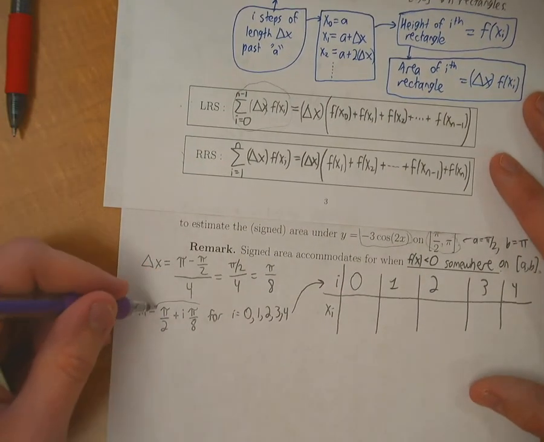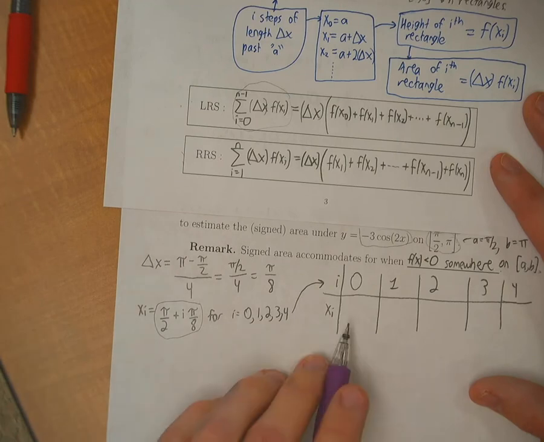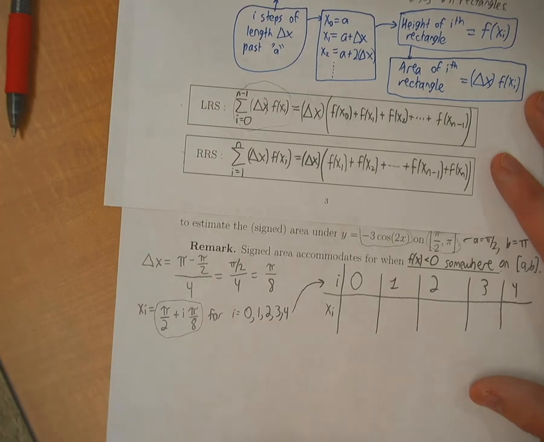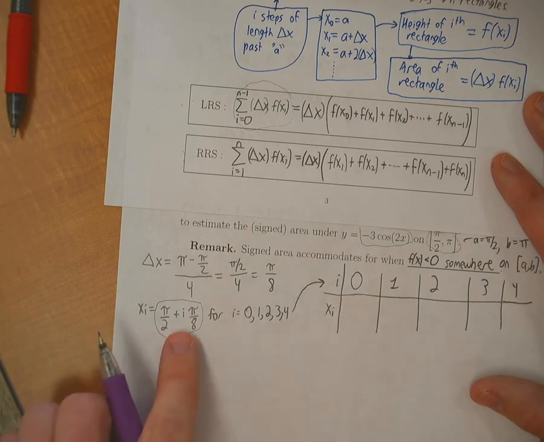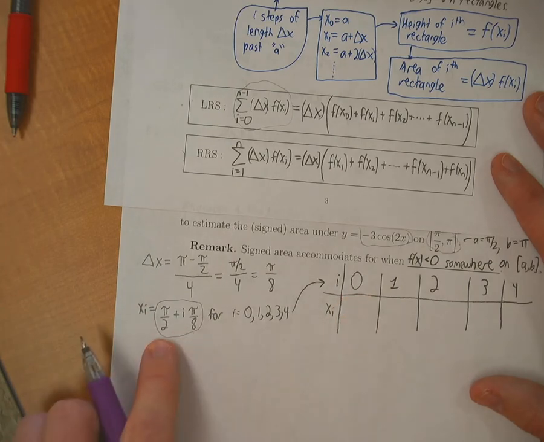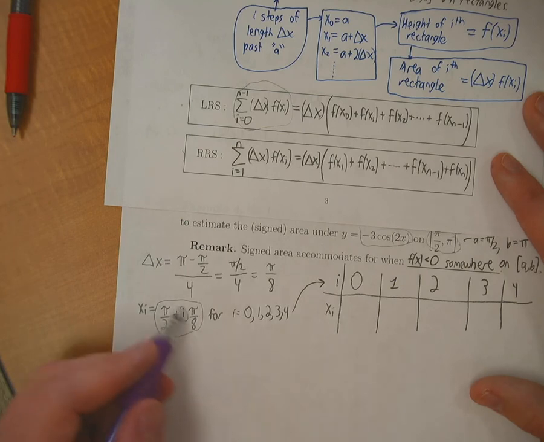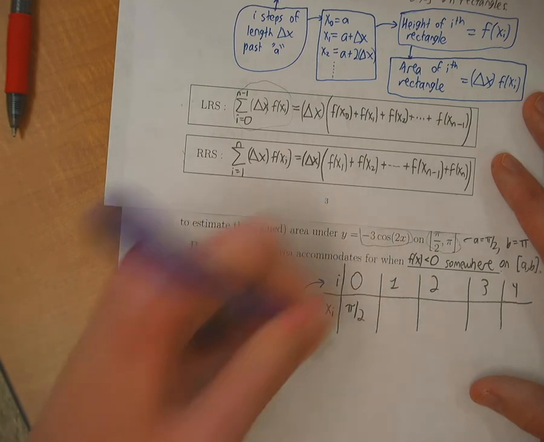If we focus on x sub i and let i equal 0, then this whole thing goes away, so x sub 0 is just pi over 2. Okay?